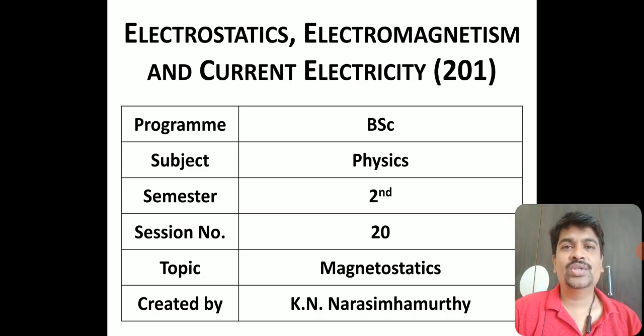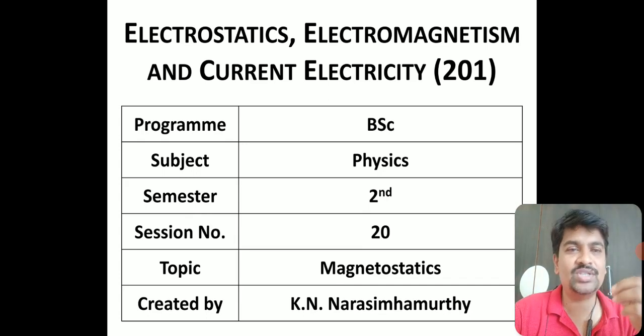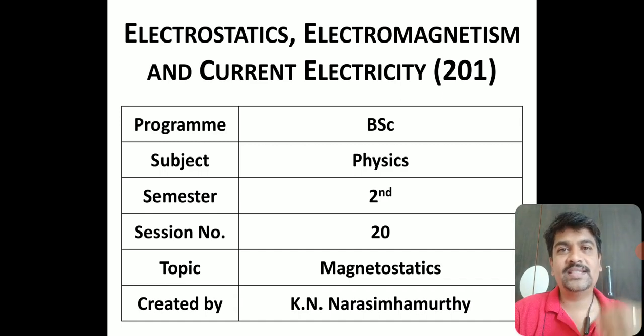After discussing so many applications of Biot-Savart's law, I discussed one more important law in magnetostatics, that is Ampere's circuital law. The same Ampere's circuital law I applied for a solenoid.